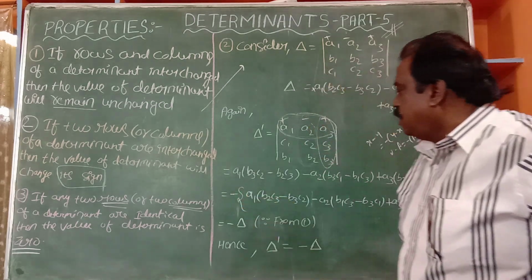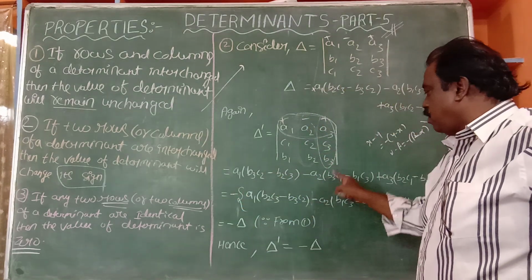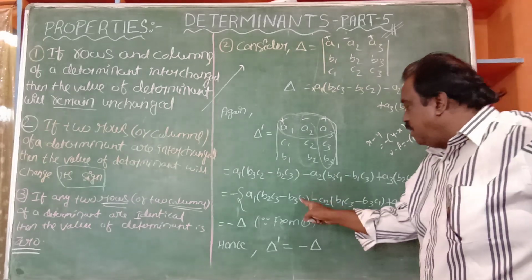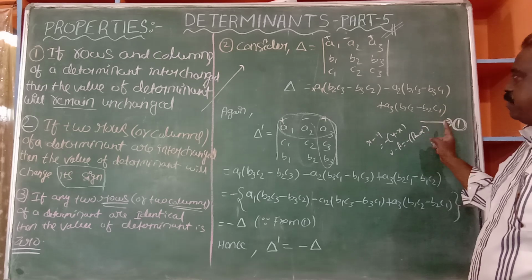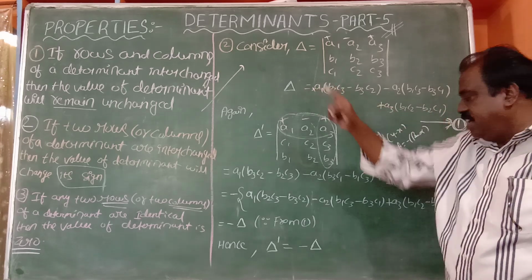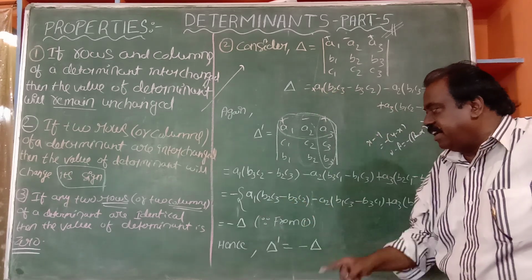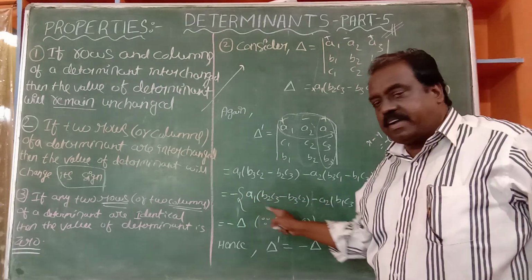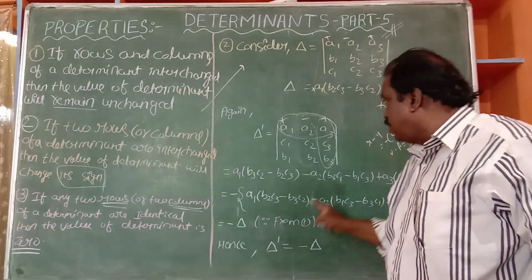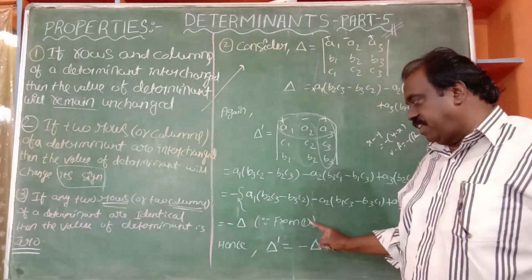Minus of, I wrote all the expression. This expression is nothing but delta, from equation 1. Minus is minus as it is. The total expression in the flower bracket is delta, because from equation 1.